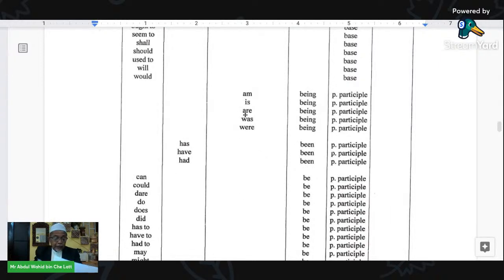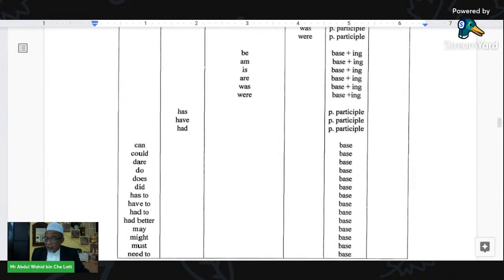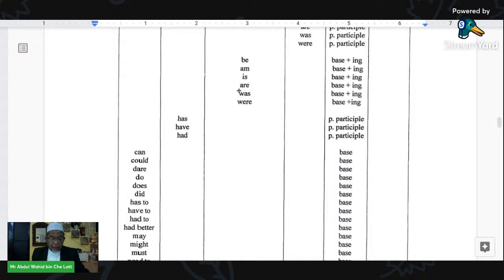You turn to page 20. Put your ruler under the word are in column 3. So you have are and then 1 is base plus ing. So therefore, my children are surfing the internet at this moment.